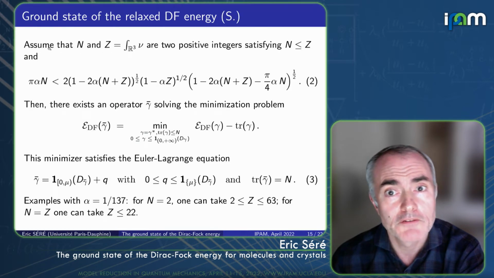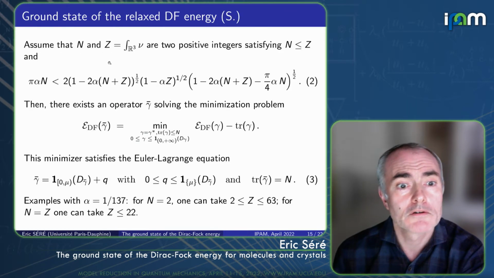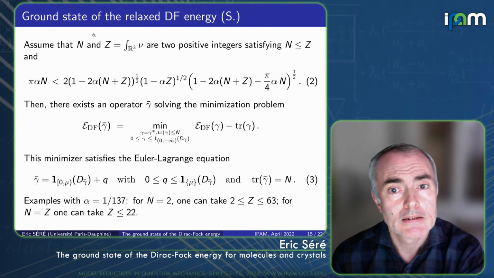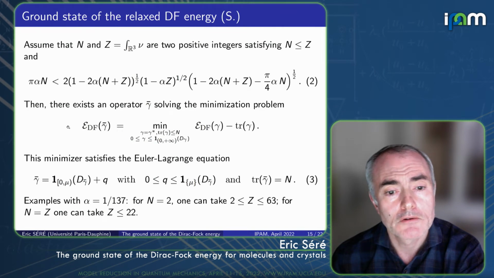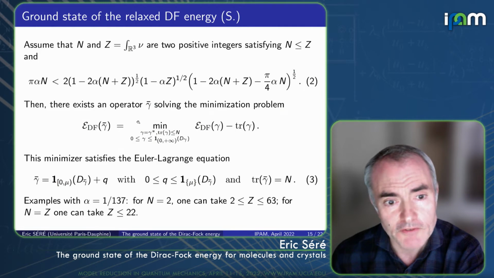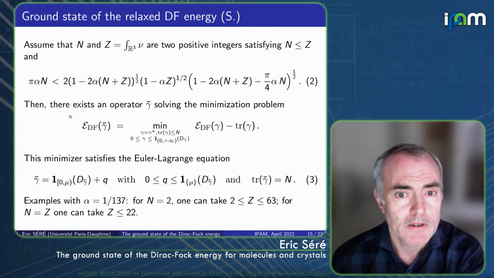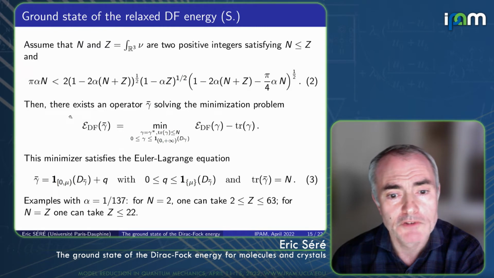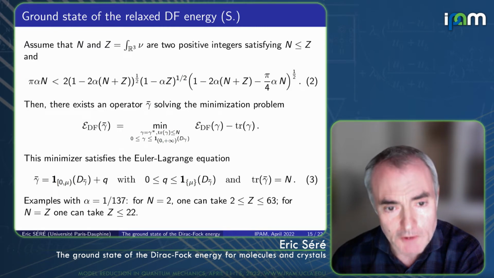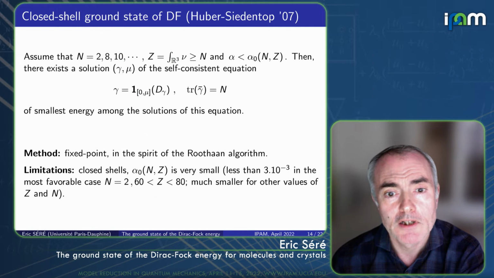So here is the result I obtained. This is in fact the main result I want to present today. The idea is to do the analog for Dirac-Fock of Lieb's principle.